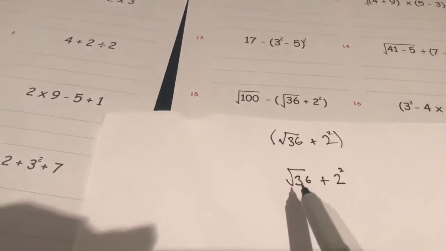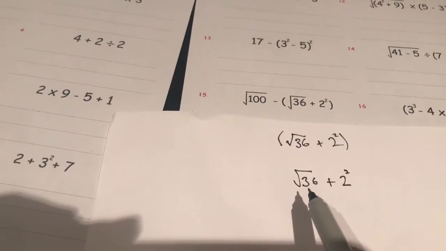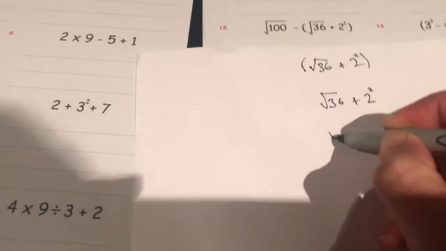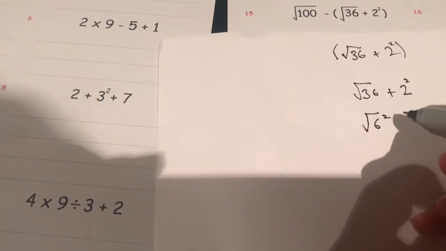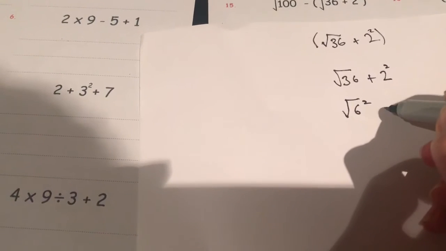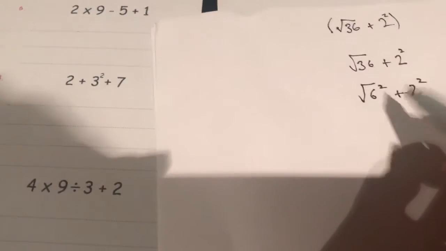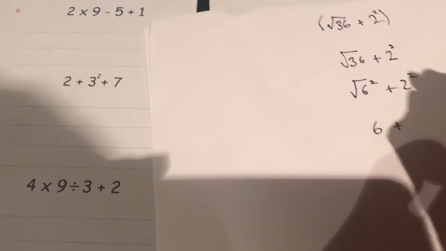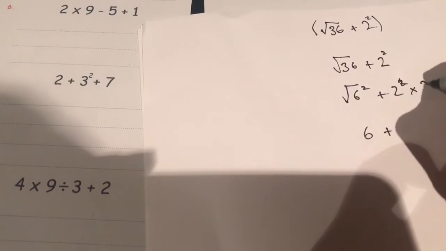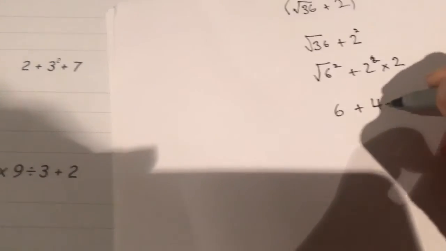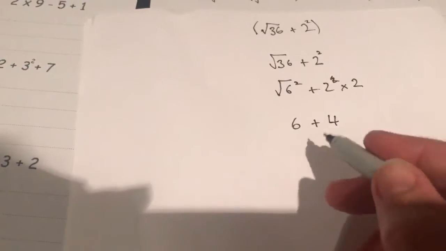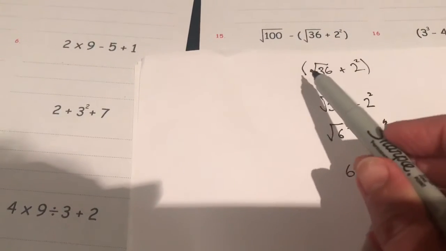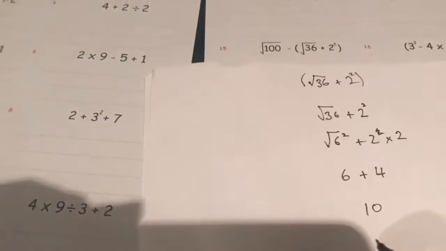The square root of 36 is 6, because 6 squared is 36. And then 2 squared is 2 times 2, which is 4. 6 plus 4 is 10. So what was inside this bracket is now 10.